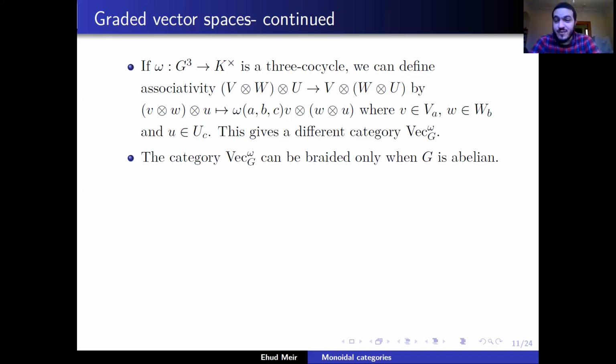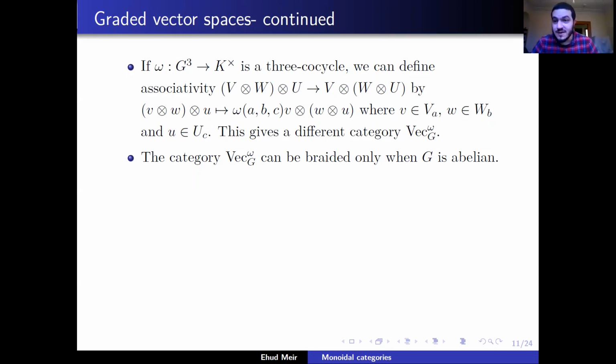Now, we also spoke about braiding, so we might ask, will this thing be braided? One obstruction is that the category Vec G omega can be braided only when G is abelian. Because when G is not abelian, take two elements A and B that do not commute with one another, and you will notice that the formula for V tensor W is not symmetric.